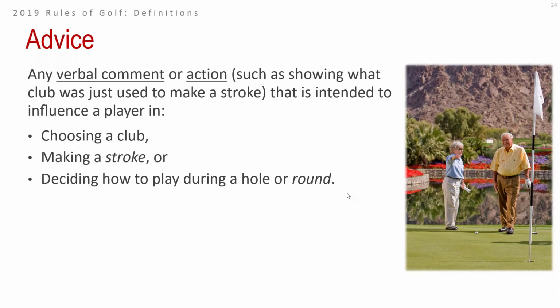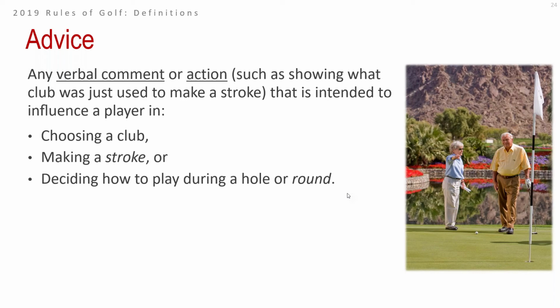Now, one of the things to understand about advice is there are certain people that are allowed to give you advice during your round. Number 1 would obviously be your caddy, if you have a caddy. Number 2 would be a partner of yours if you're playing in, let's say, a 4-ball or a foursomes competition. Any advice between you and your caddy or you and your partner in 4-ball or foursomes is perfectly okay.